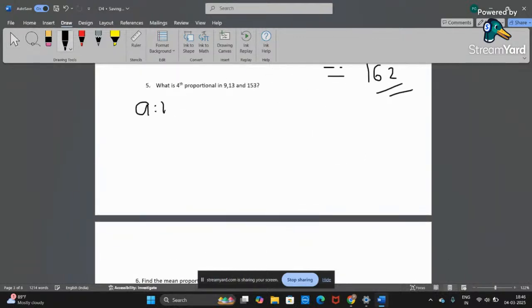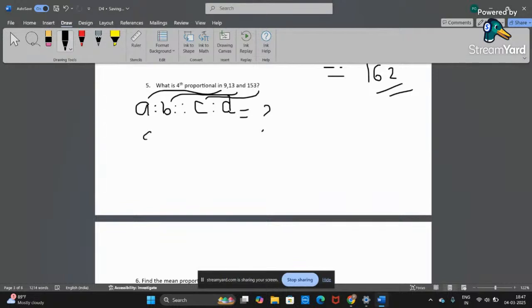A is to B equals a proportion to C is to D. Right. Here A value is 9, B value is 13 and C value is 153. We need to find the D value.